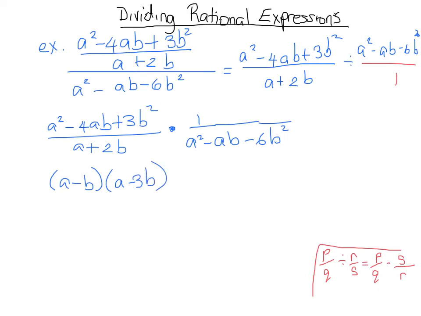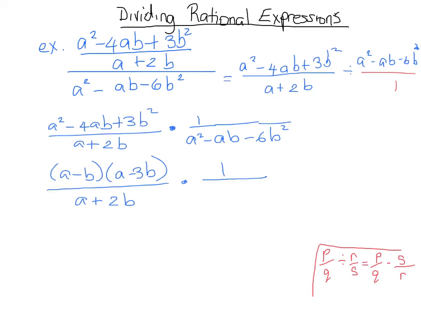You could have factored that using trial and error, or in different ways. If you don't remember how to factor, just look back at the overview for factoring or the diamond box method video. Okay, so that goes over a plus 2b times, and now we're going to factor the bottom here, and we get a plus 2b times a minus 3b.